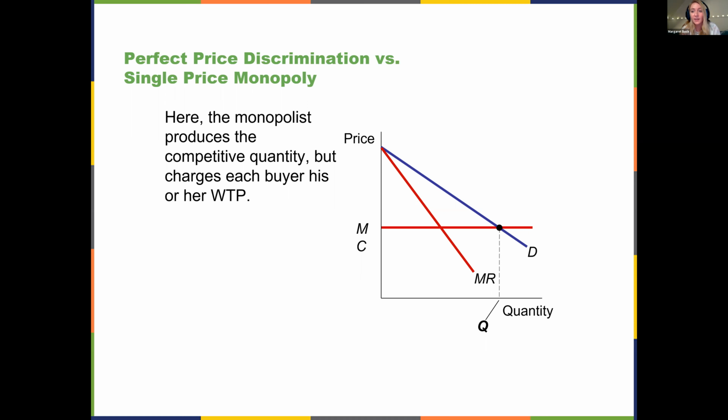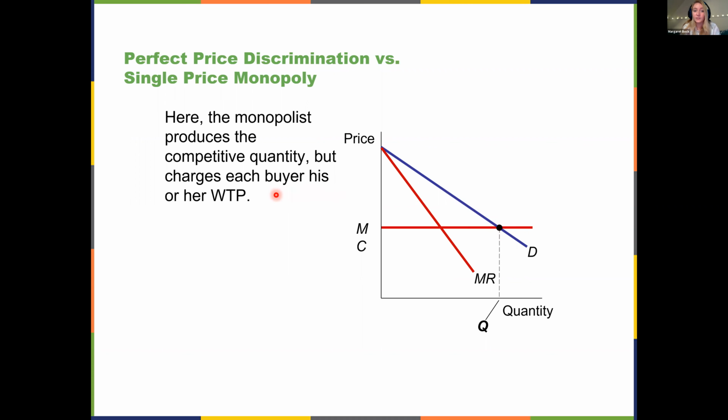If the monopolist is able to know every single person's willingness to pay, they could potentially make a profit off of everyone that walks in to buy their product. Even these people that were down here on this part of the demand curve that couldn't buy the product before, now the monopolist thinks it's worth it to sell the product to them if the monopolist is able to know their exact willingness to pay.